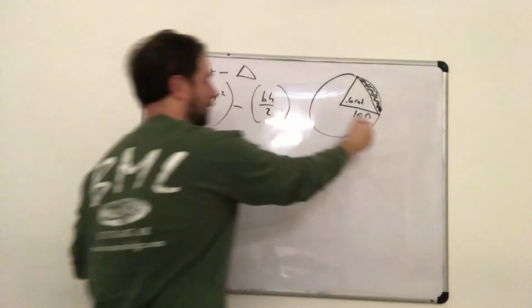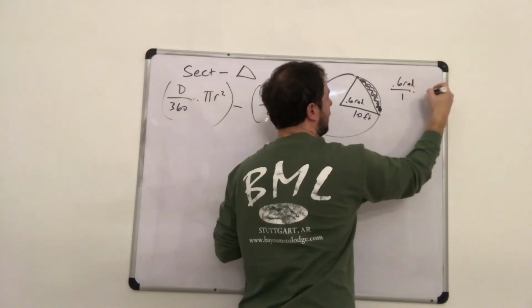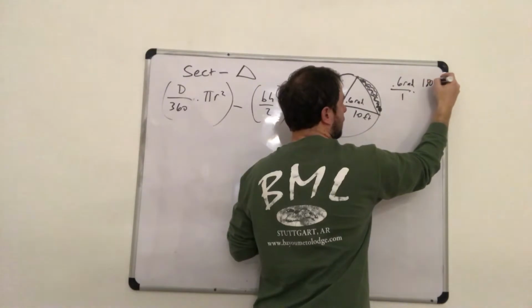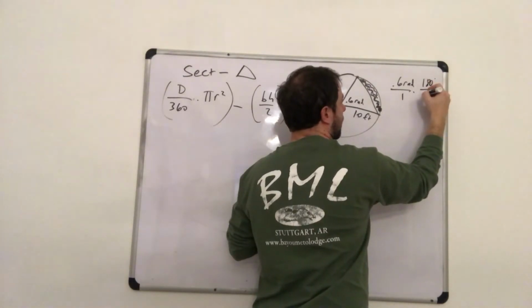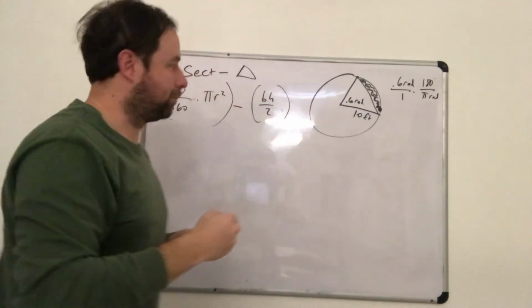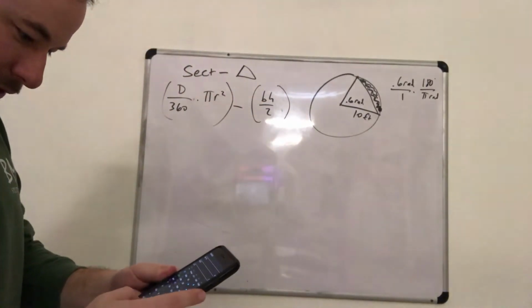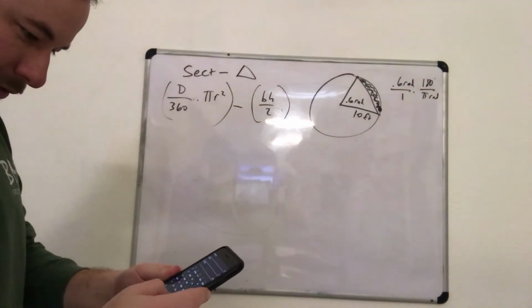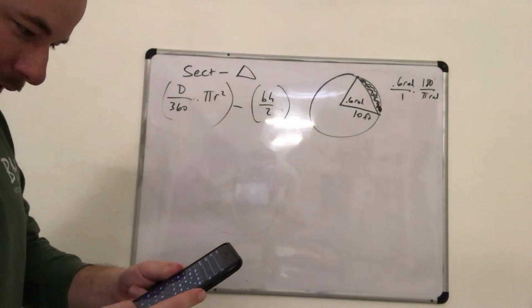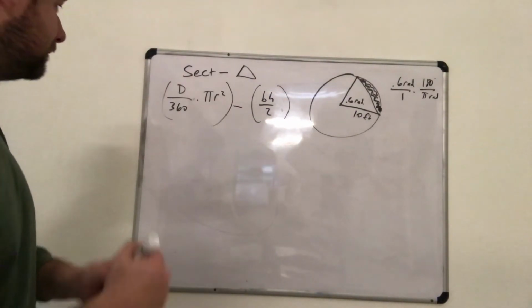First thing is we have 0.6 radians. We're going to change that to degrees, and the way you do that is 180 degrees over pi radians. And so 0.6 times 180 equals, divided by 3.14, and you get 34.39.